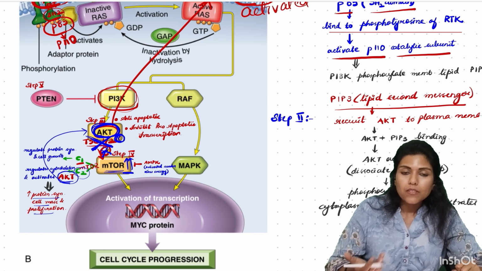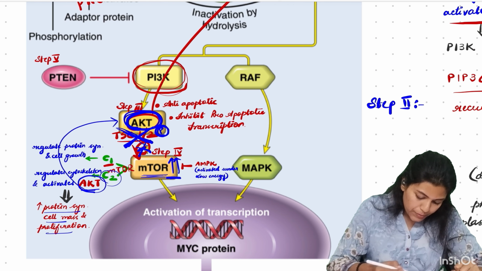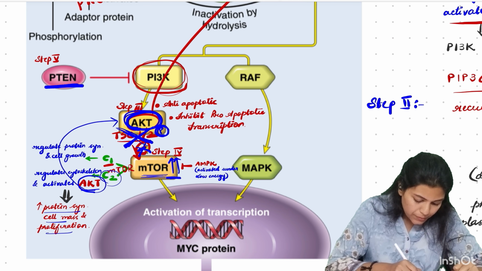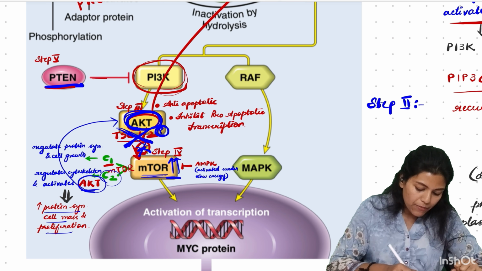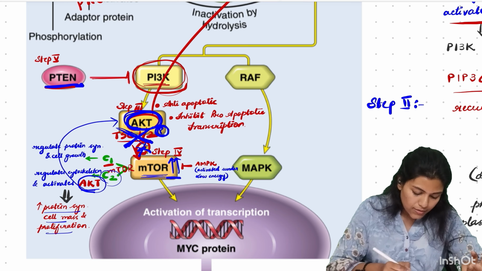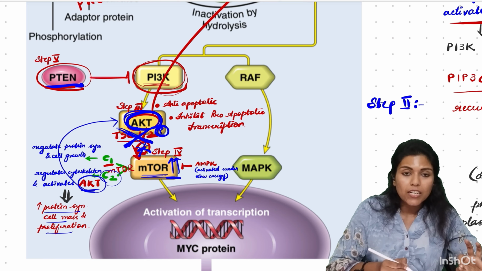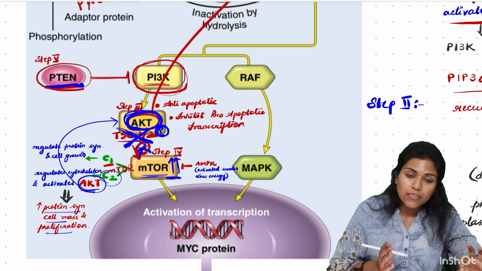Coming to the regulation of these cycles, the cycle has to be regulated. Here the brake is PTEN, a tumor suppressor gene. It puts a brake on the PI3K molecule itself and ensures that the cell cycle does not proliferate uncontrollably, keeping it under check.